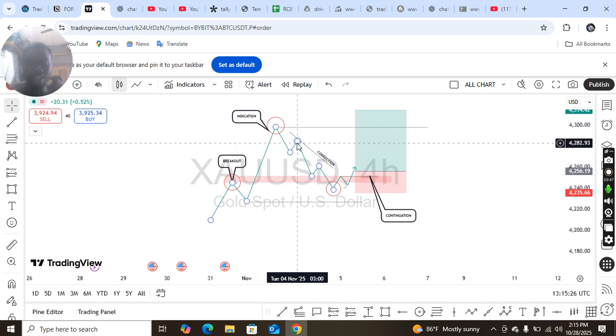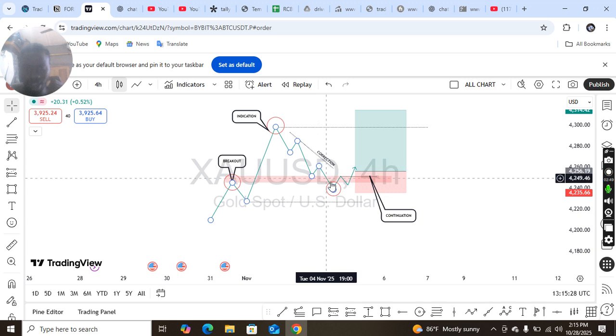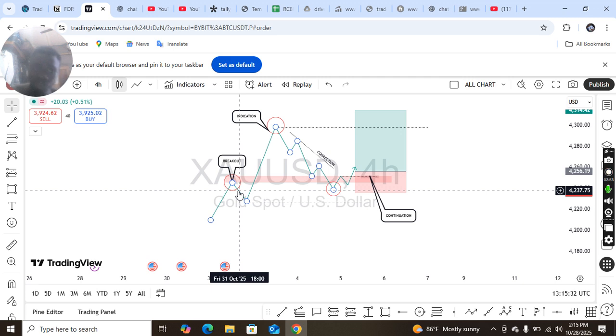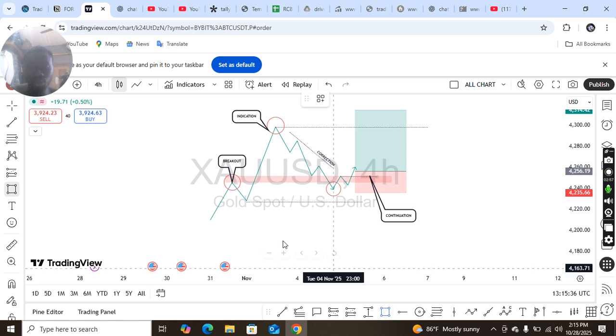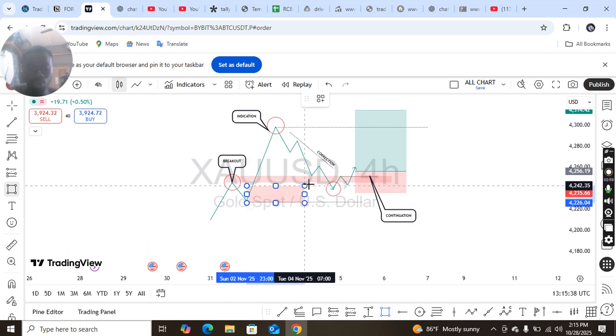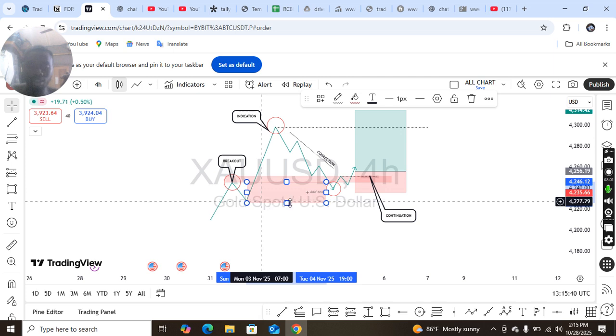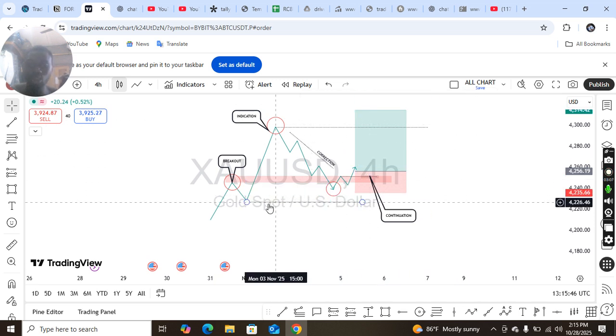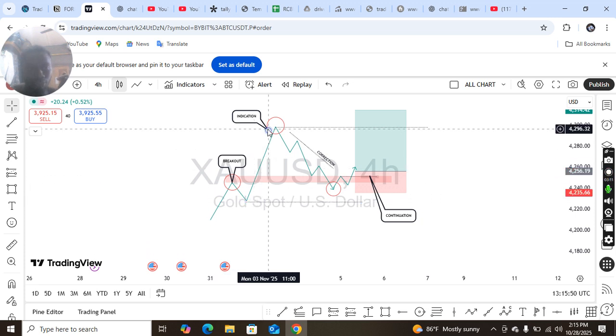So price created a lower high, lower low, lower high, lower low, and then price pulls back to the point where price broke out from the previous high, which is this high, you can see, which he also calls the point of interest, right? So Trader ICC actually recognizes all these places, he tags these whole zones as his point of interest, that price should not go below the zone that price breaks out from.